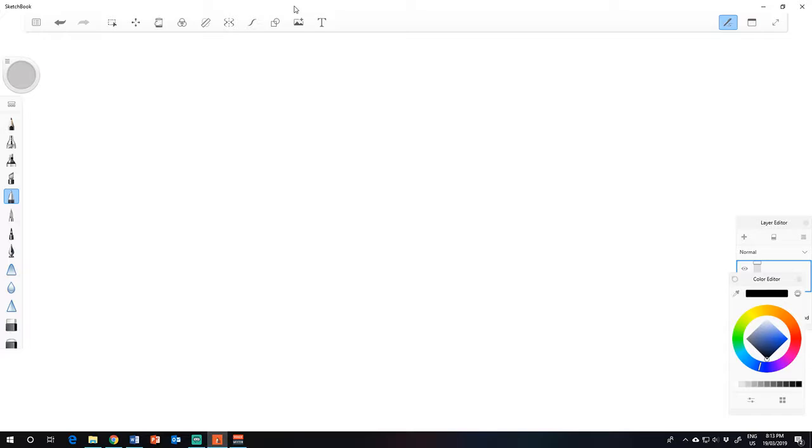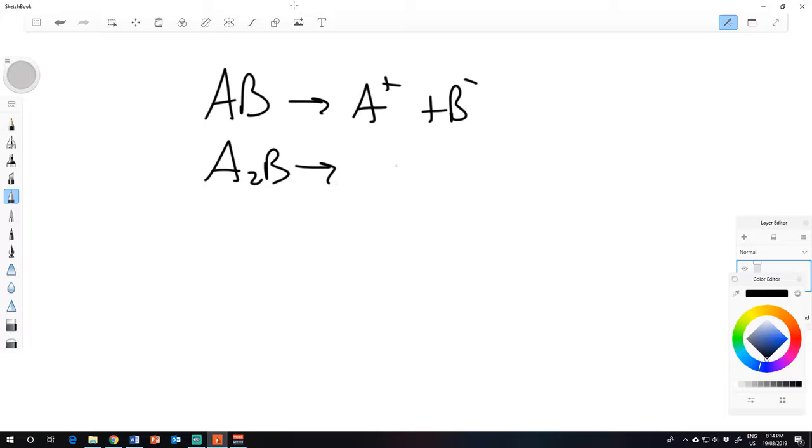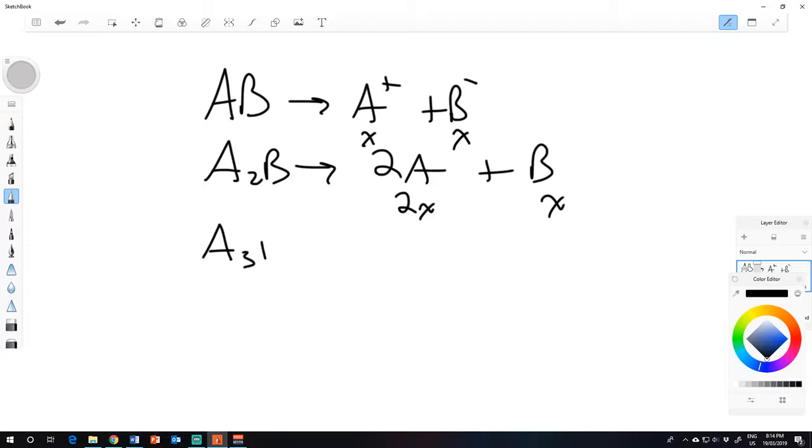Everything will have the form AB going to A plus B, or it'll be something like this, where it goes to 2A plus B. So everything will either just be X's, or it'll be a 2X and X.